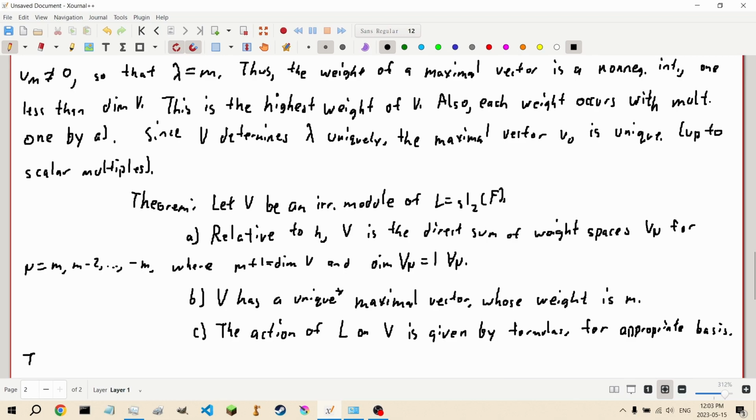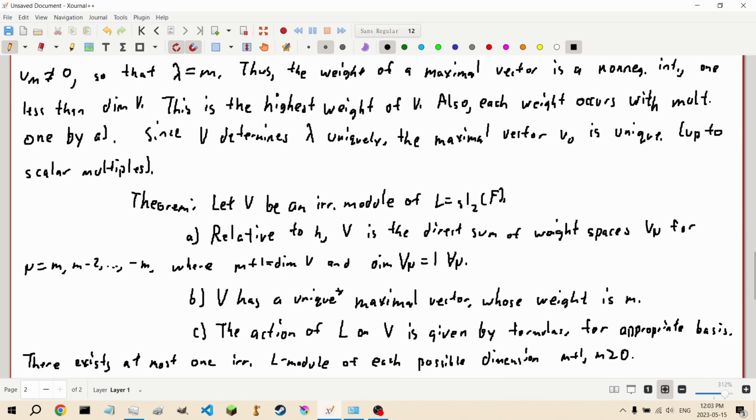And we saw that there exists at most one irreducible L module, up to isomorphism of course, of each possible dimension m plus 1 for positive m.